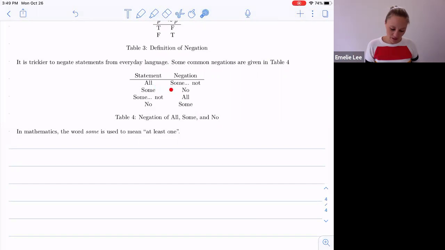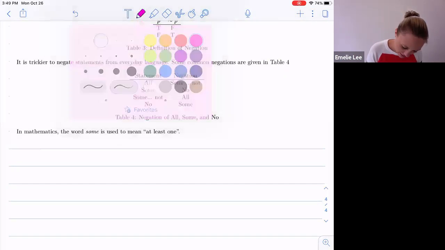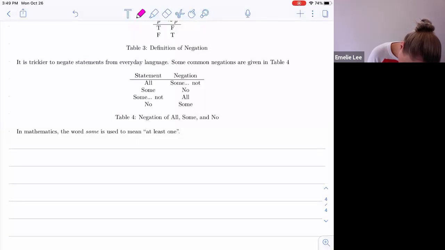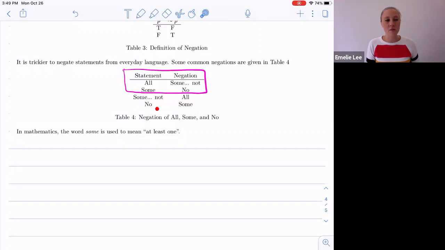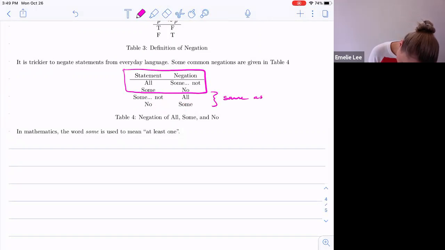So just remember, these ones are going to be really important to keep in mind. I'm not highlighting these because they're the same as above, since the negation of a negation is the statement.